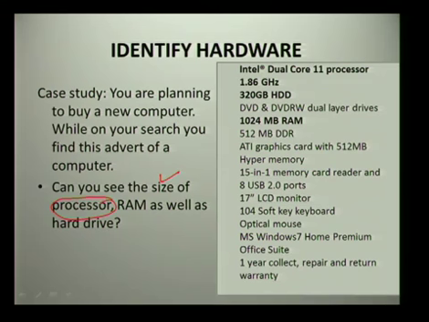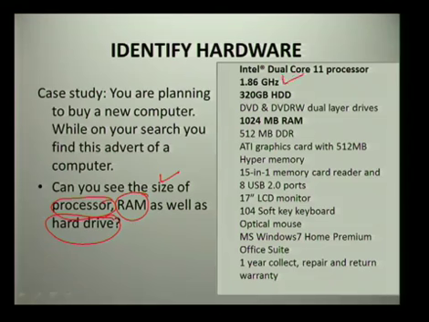Can you identify it? Can you see the size of your RAM, and identify it? And are you able to see the size of your hard drive? Can you identify it?